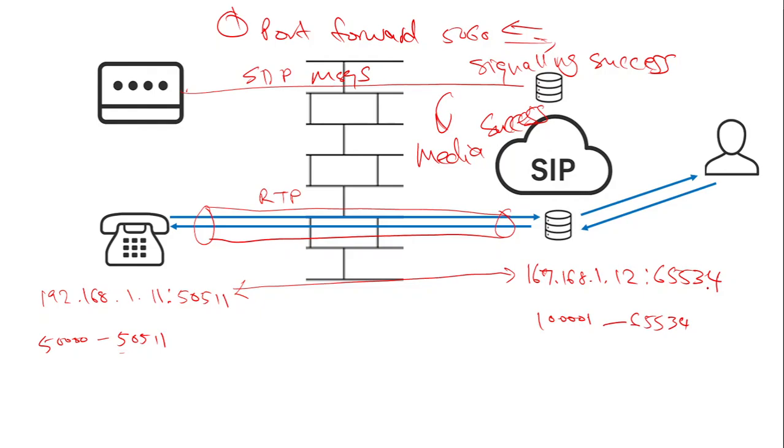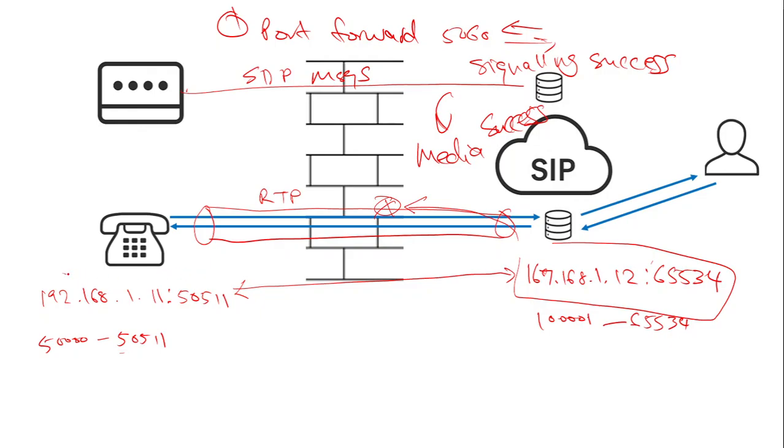So the firewall should be able to allow this port and this IP address from the provider to come through the firewall. If it blocks this, there's going to be no audio coming back from the provider.